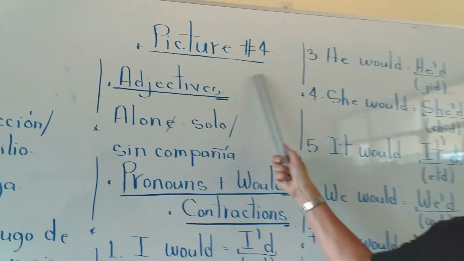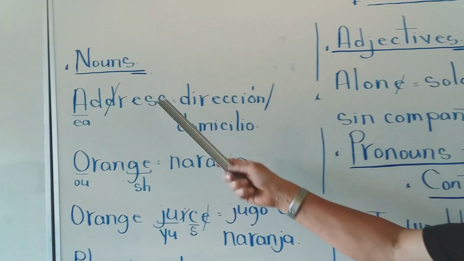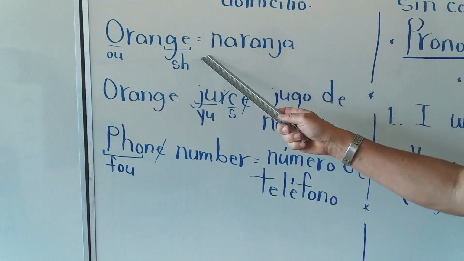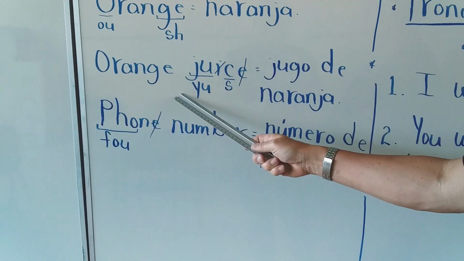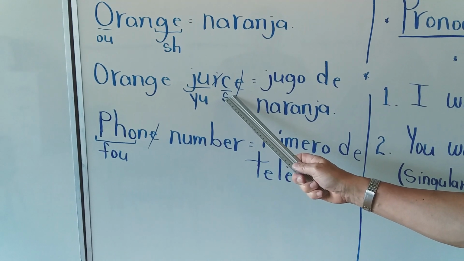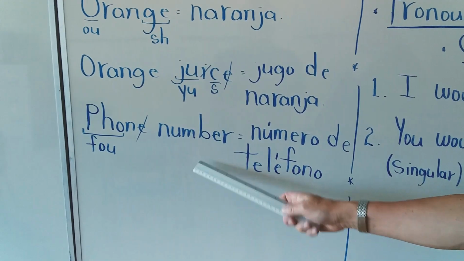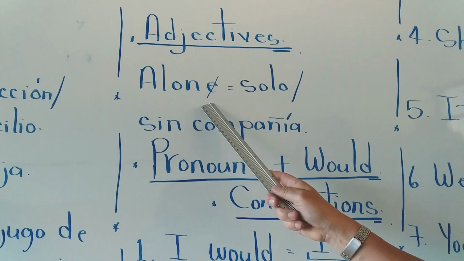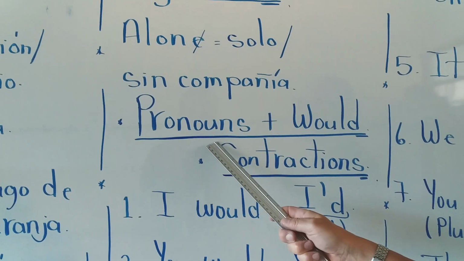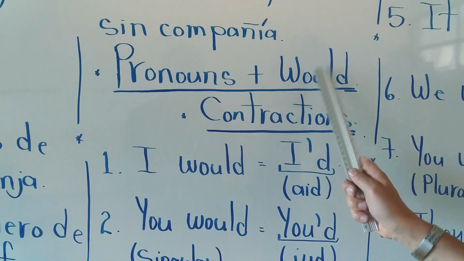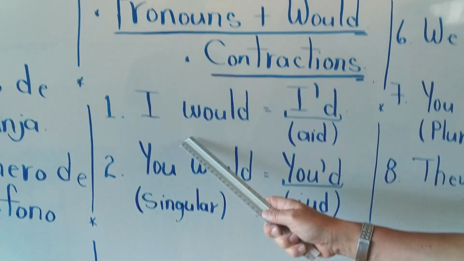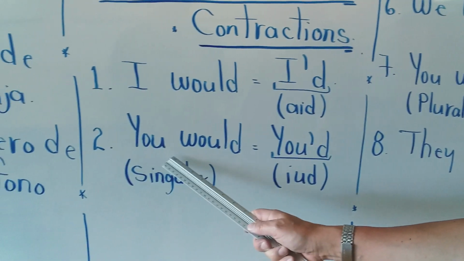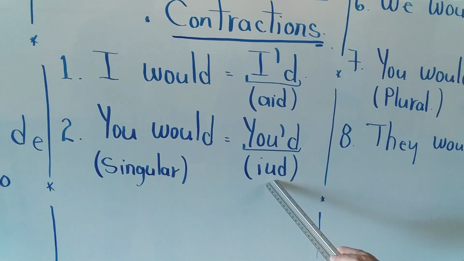Picture number 4. Nouns: address, orange juice, phone number. Adjectives: alone. Pronouns plus would, contractions. I would, I'd. You would, you'd.